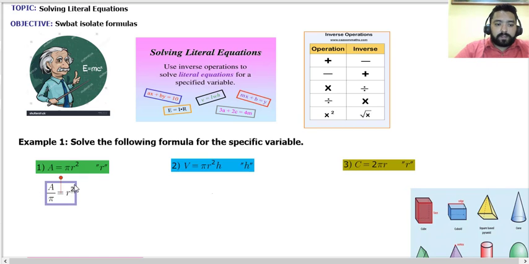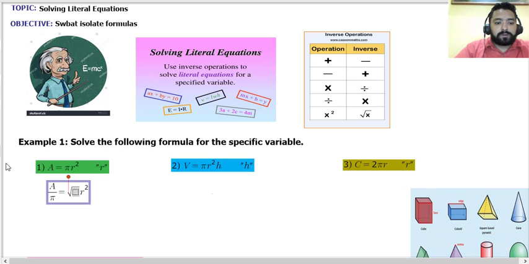But we don't finish with this procedure. We need to cancel this power and we are going to use the square root. Remember, the inverse of square is square root. So we are going to use the square root, and we're going to put the square root on both sides.